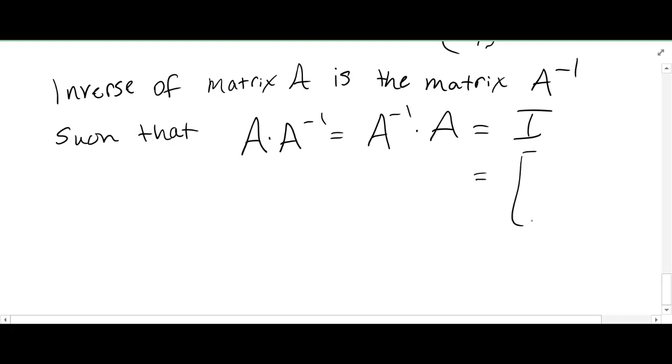The identity matrix has 1s on the diagonal, 0s everywhere else.